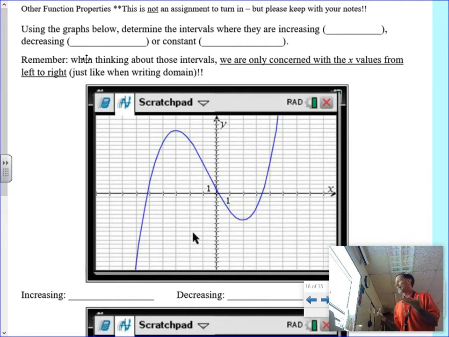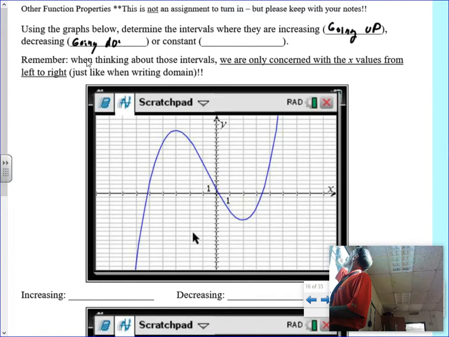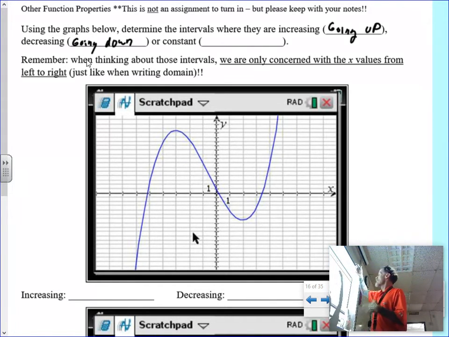So obviously, where things are increasing, that just means they're going up. And if they're decreasing, they're going down. And if it's constant, then it's just horizontal, flat.